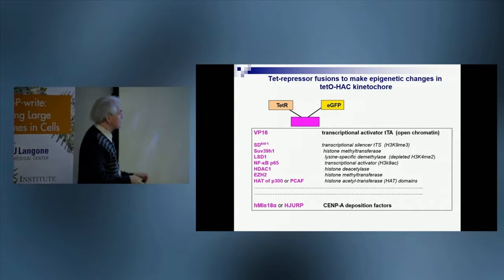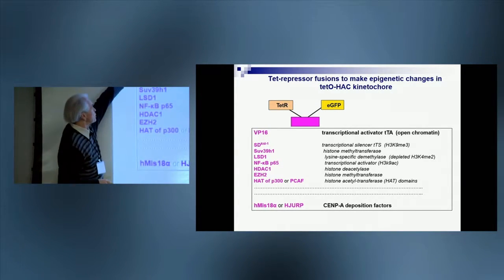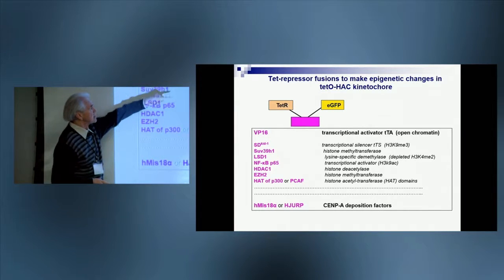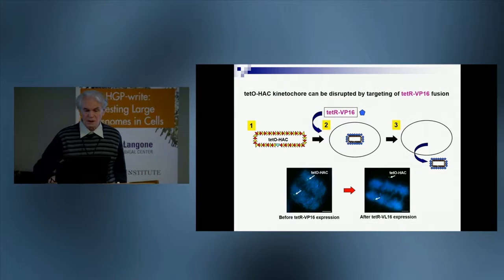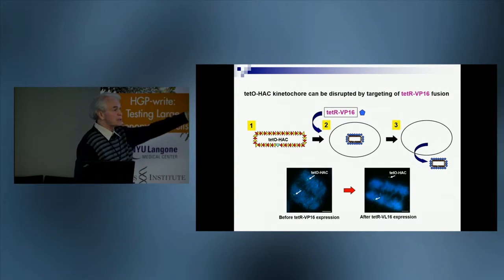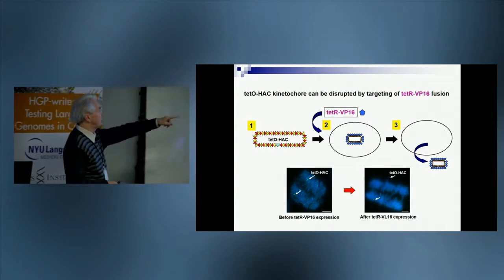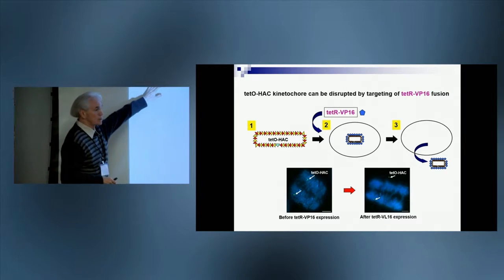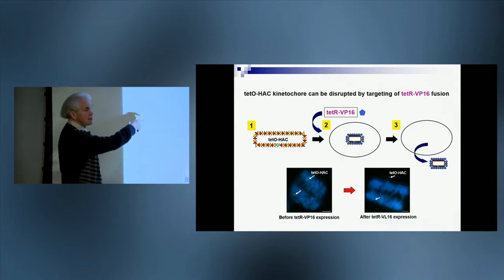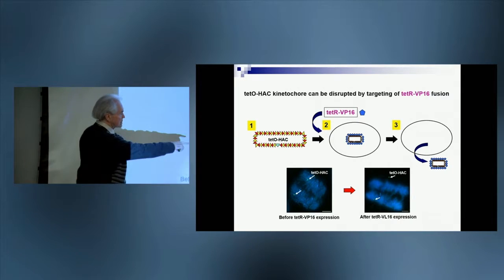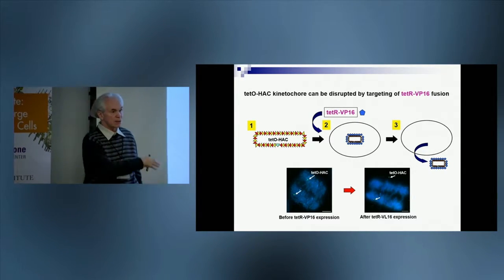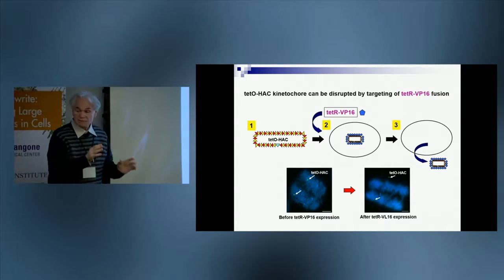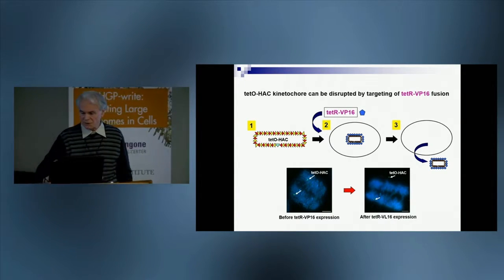I will talk today about what is important for us, VP16 transcription activator fusion with this protein. We demonstrated that expression or binding of VP16 to tetO HAC kinetochore immediately disrupts kinetochore and results in HAC loss. So it means that we can regulate kinetochore in this HAC. This is very important for HAC when we use it as a vector.